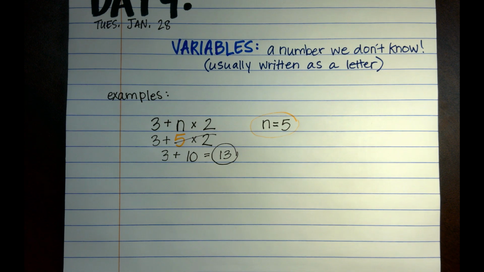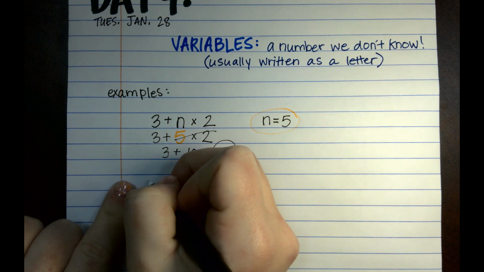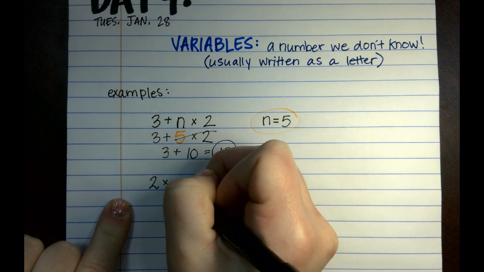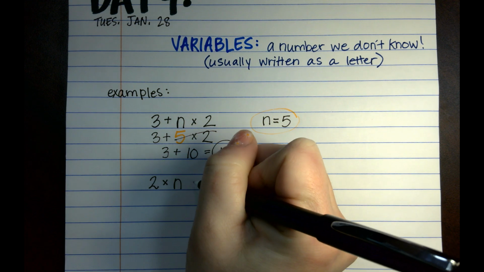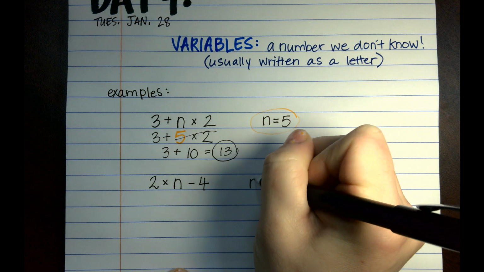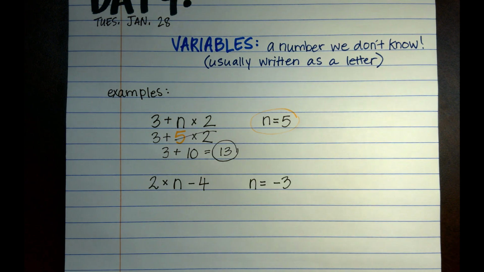So what if we do something a little bit trickier? What if I were to give you 2 times n minus 4, and this time n equals -3. This time n is a negative number.